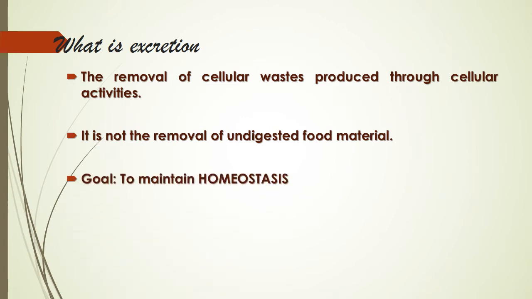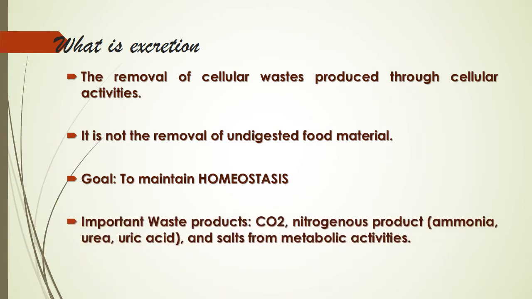It's specially to maintain homeostasis, meaning the balance of water within the body, that equilibrium condition. The important waste products are CO2, nitrogenous waste products like ammonia, urea or uric acid, and many salts.